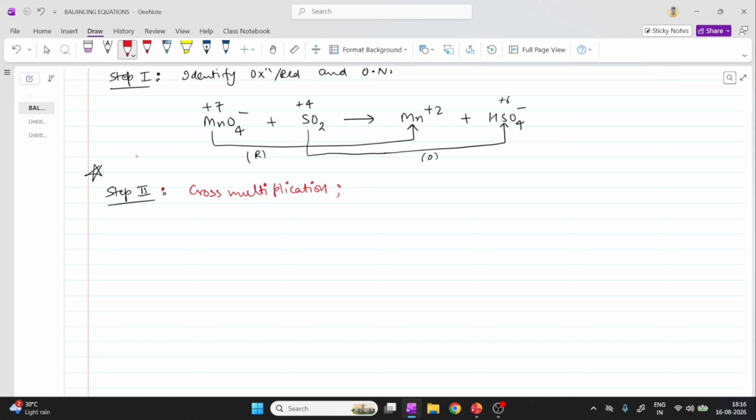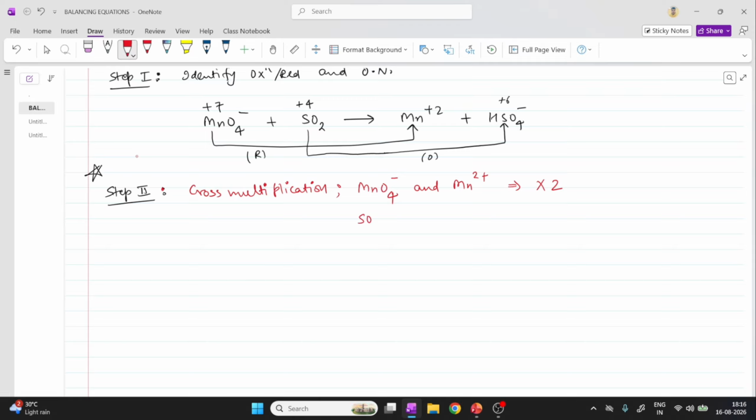How can we do this cross multiplication? MnO4 is moving from +7 to +2, that means by 5. So MnO4 minus and Mn2 plus: since there is a change of 5 units and in the other case a change of 2 units, this has to be multiplied by 2, cross multiplication.